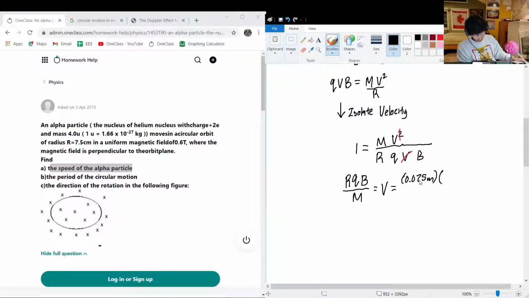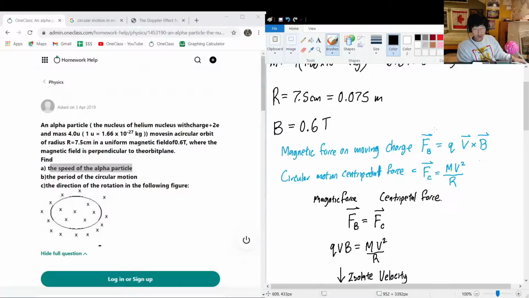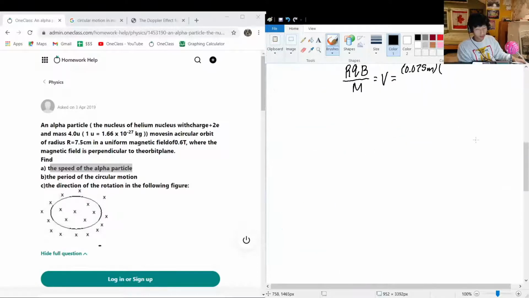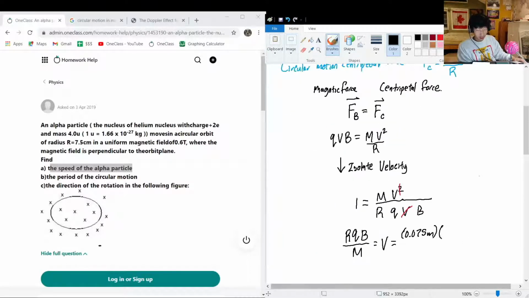Our q value is going to be 2 electrons, but positive, so 3.2 times 10 to the negative 16 coulombs.